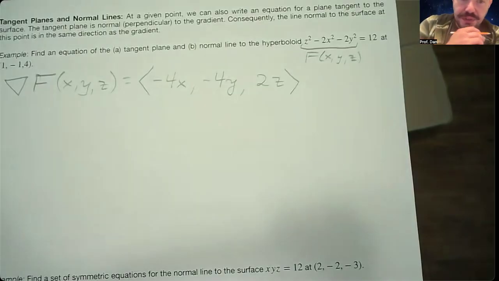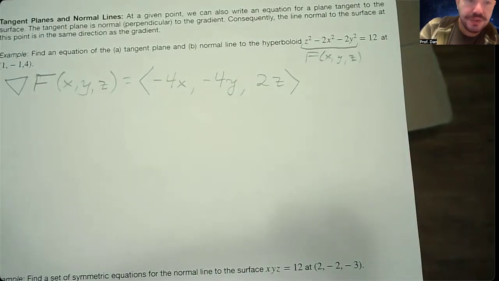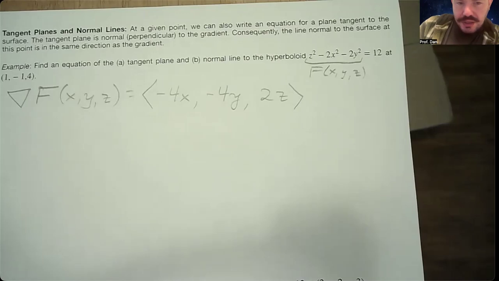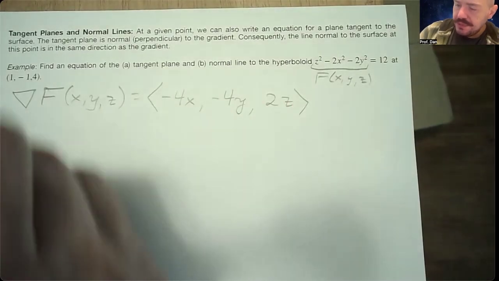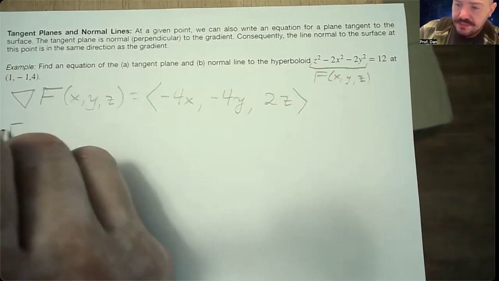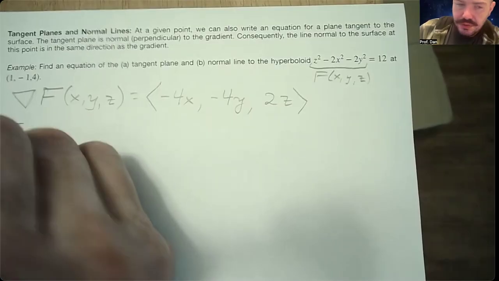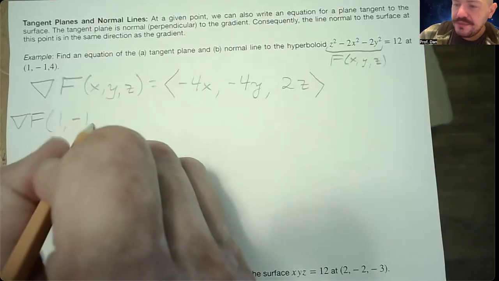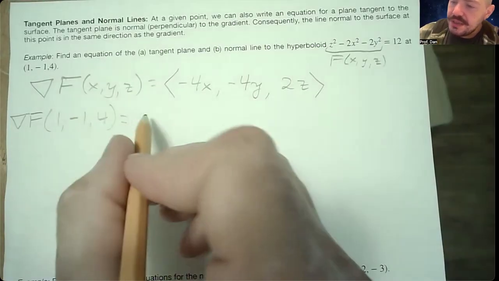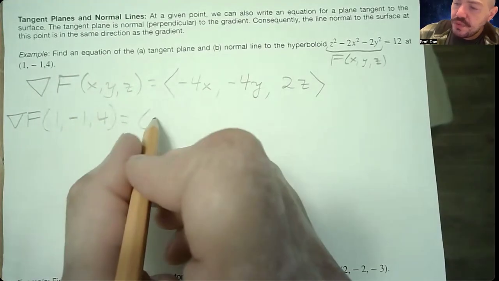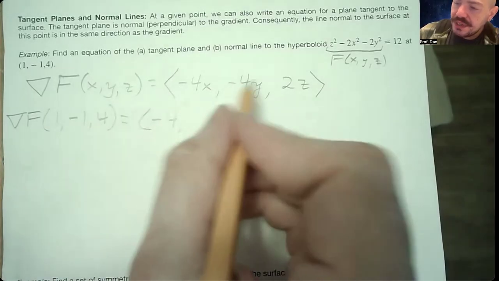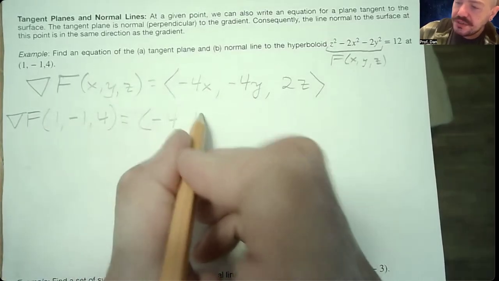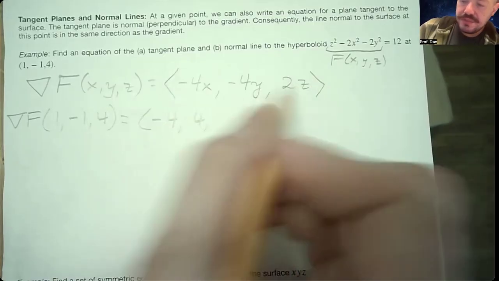And now that we have the gradient, we can use this to come up with an equation for the tangent plane. So if I plug in the point that we're given, we get that del capital F evaluated at this point is equal to -4 times 1, -4 times -1, and 2 times 4.